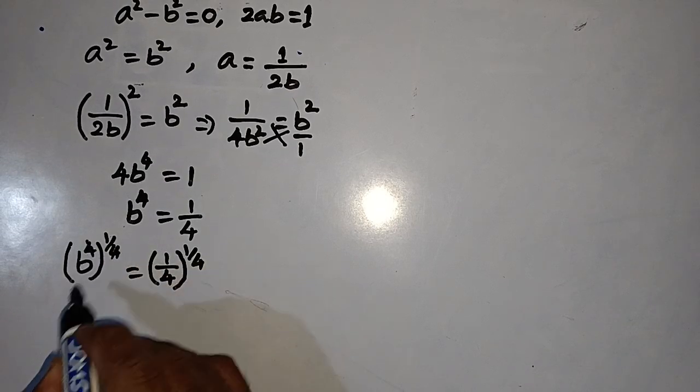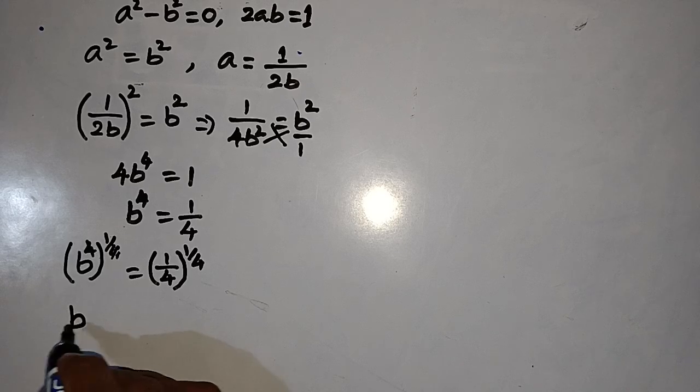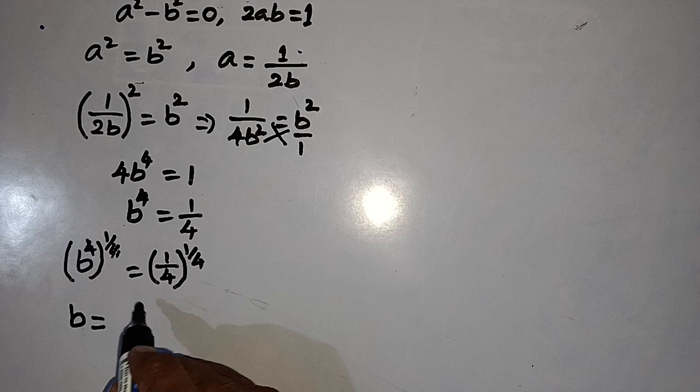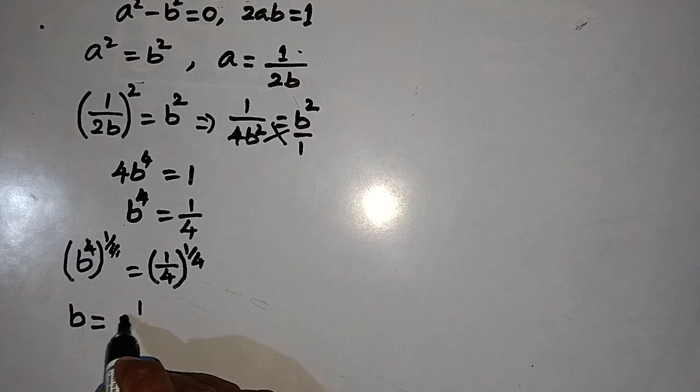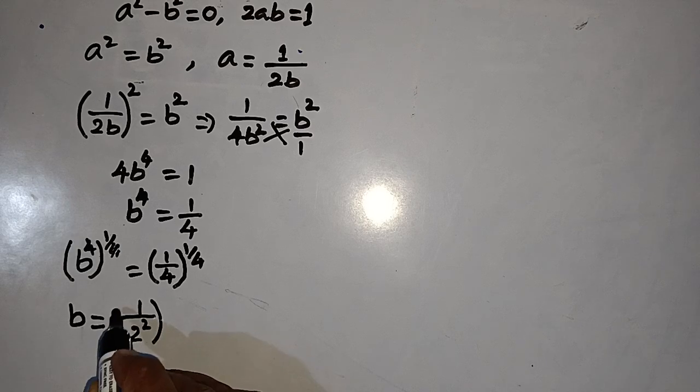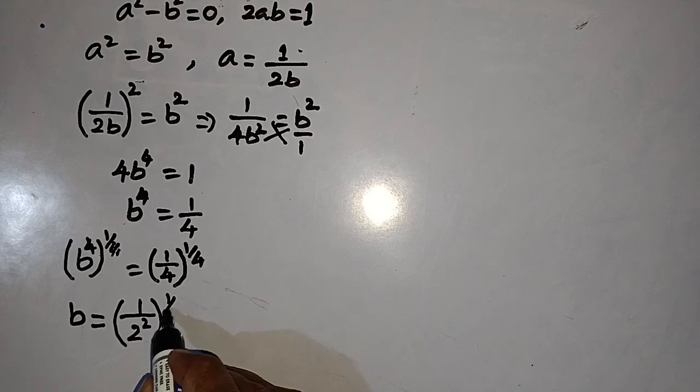And here this you can cancel it. So we have b is equal to 1 by 2 square whole to the power of 1 by 4.